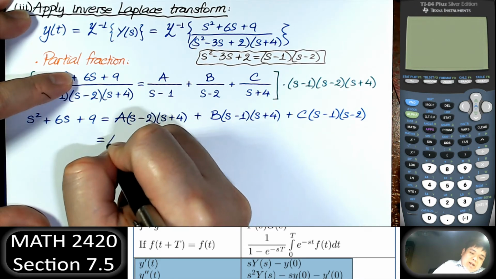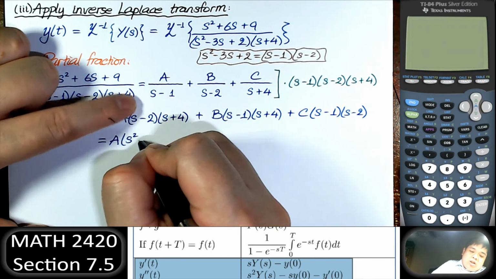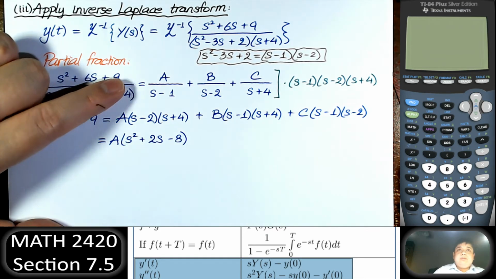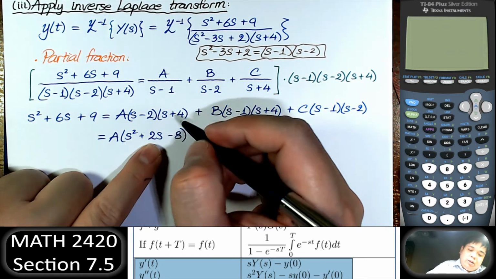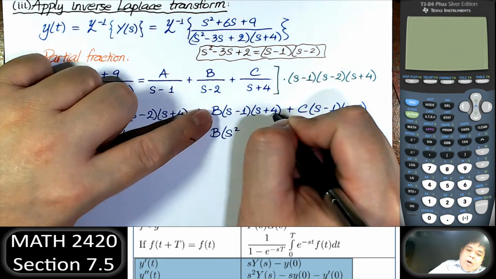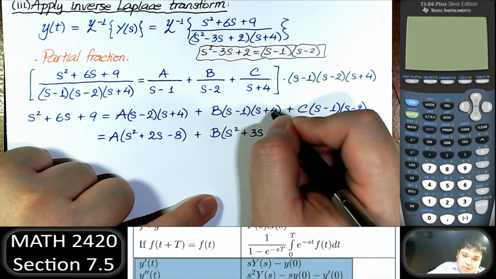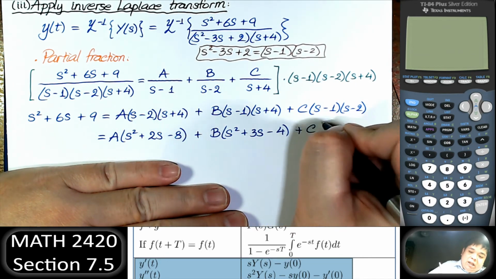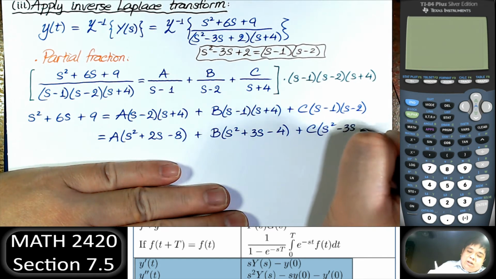Just multiply this out. A times s squared plus 4s minus 2s, so that's plus 2s minus 8, plus B, s squared plus 4s minus s, that's plus 3s minus 4, and plus C, s squared minus 2s minus s minus 3s plus 2.